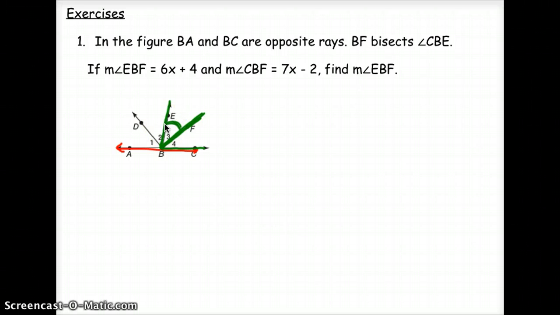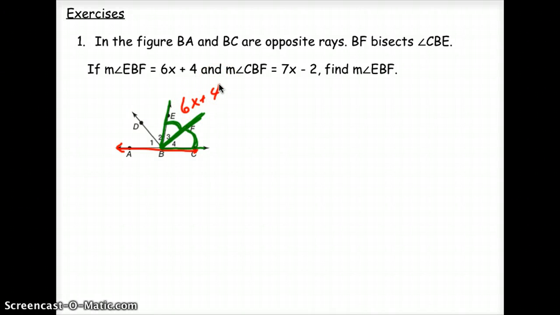So I'm going to mark these two angles equal, and I don't think I talked about how to mark equal angles, but you mark them by the same curve. So if angle 3 and angle 4 are going to be equal. Now it reads, if the measure of EBF, so I'm going to write that expression in for EBF, it's 6x plus 4.